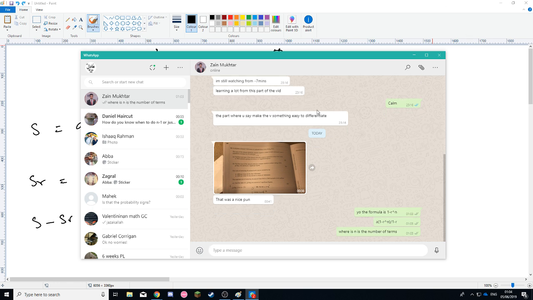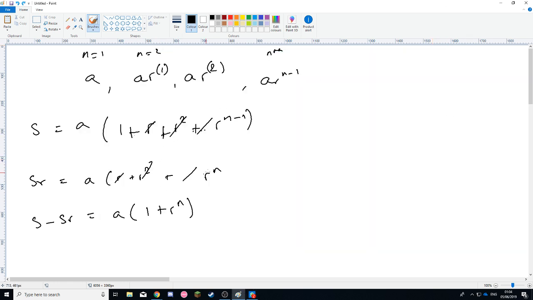So that means that for the sum, n is defined as the number of terms always. So you just have to remember that for the nth term, the value of the nth term, it's ar to the n minus 1, because the first term is a and not ar. It depends on how you define your sequence.